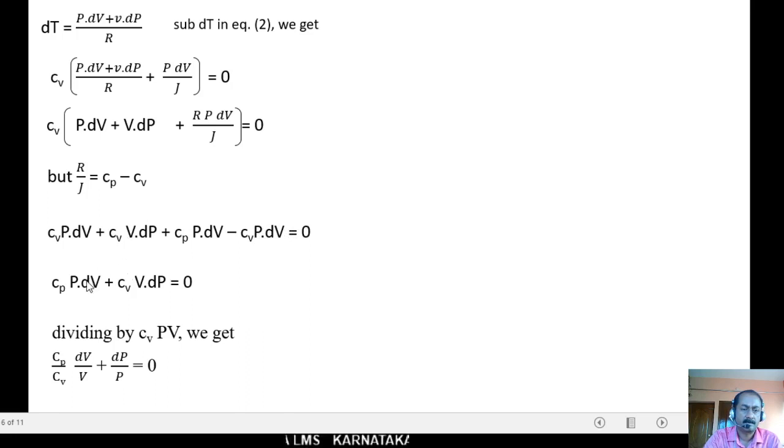Then this equation becomes Cp P dV plus Cv V dP equals 0.